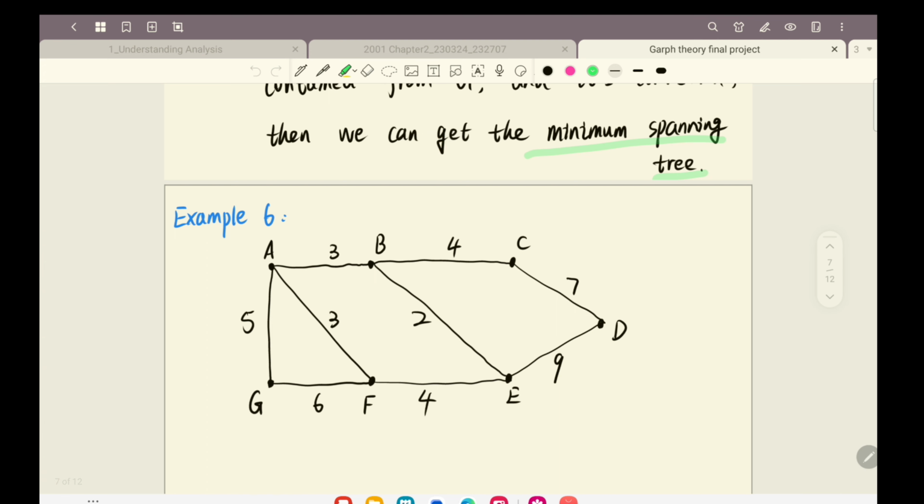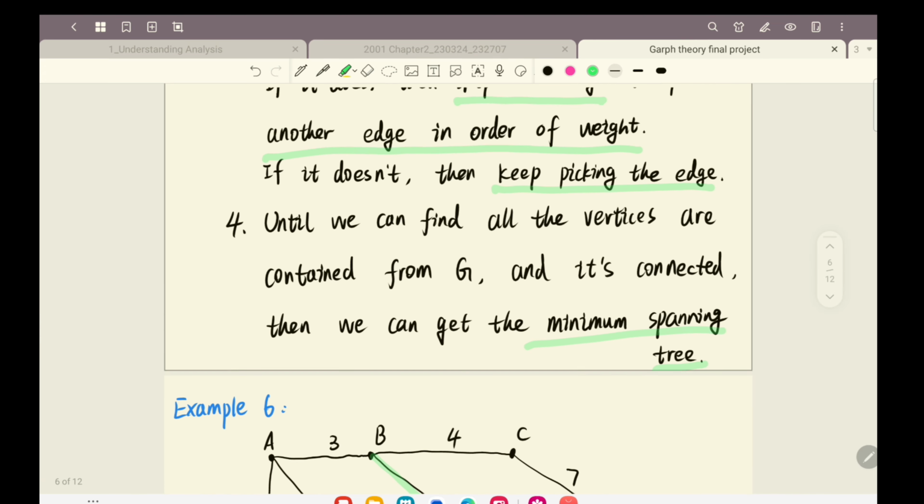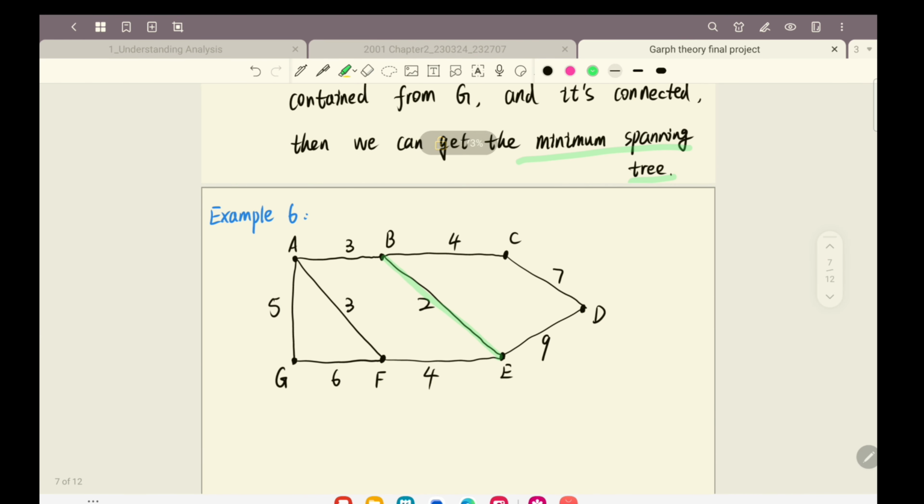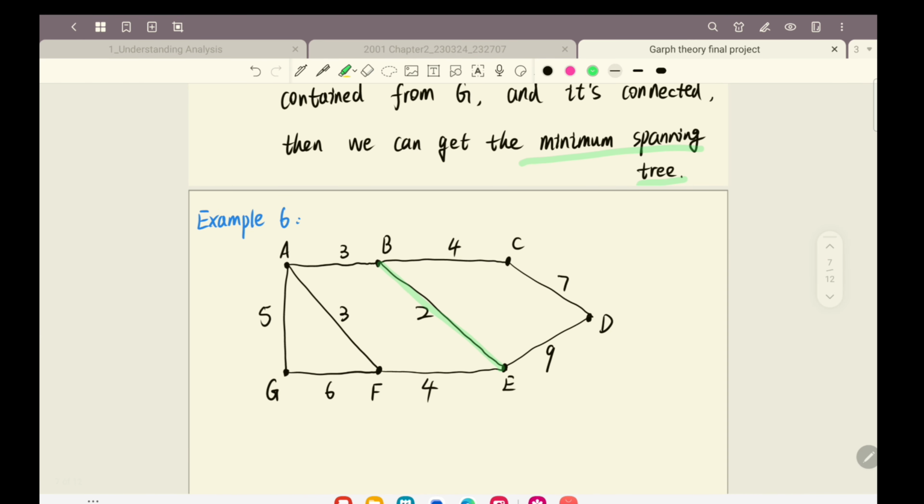The smallest weight is 2, right? It's BE. And the next smaller edge is AF or AB. It has 2 equal weighted edges, so we can randomly choose one of them. It can be AF or AB, both fine.